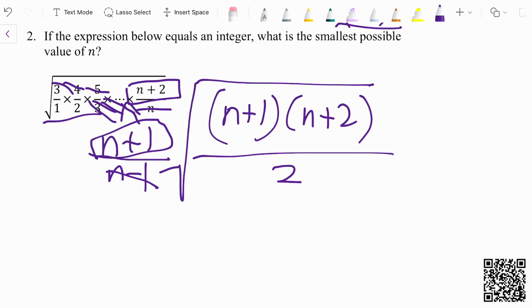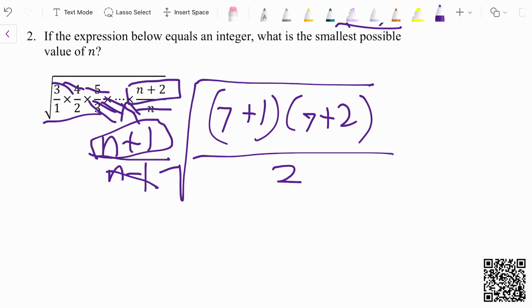So yeah, have you guys figured it out yet? It is 7. Because when you replace n with 7, n plus 1 is 7 plus 1, which is equivalent to 8. 8 divided by 2 is 4. So we switch out these 2 n's, 7, 7. 8, 9.